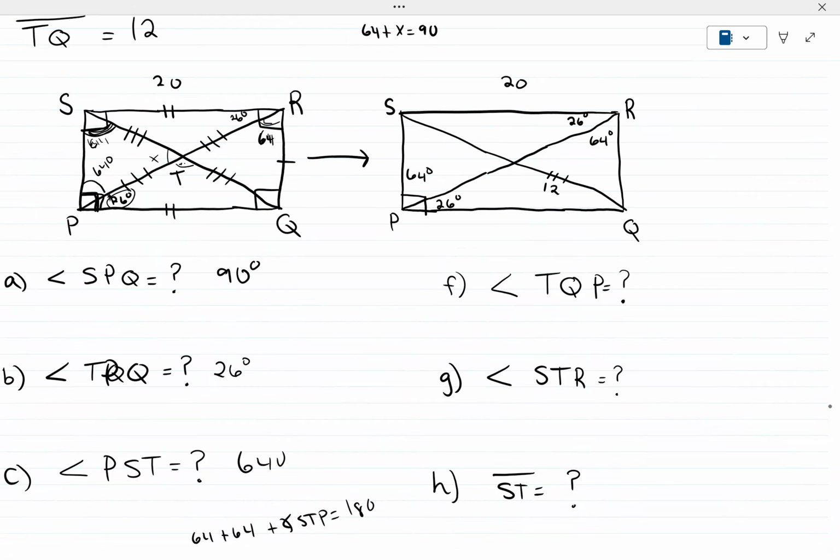Sorry, I was looking at the wrong letter.